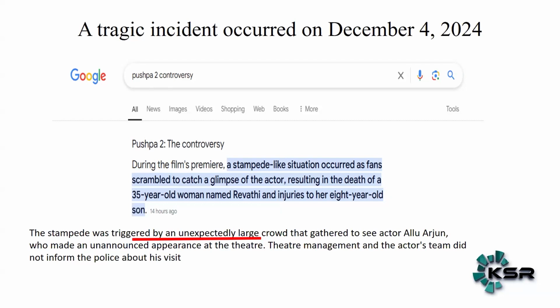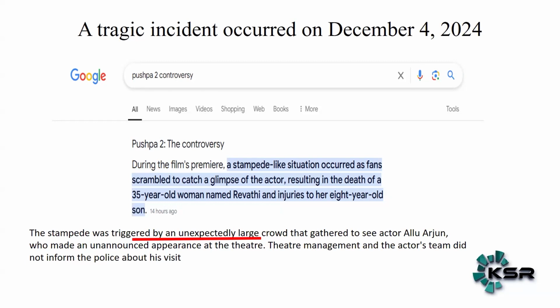Okay, I've highlighted one point: the entire incident happened because of an unexpected large crowd. They didn't even expect this many people to come, and it happened.